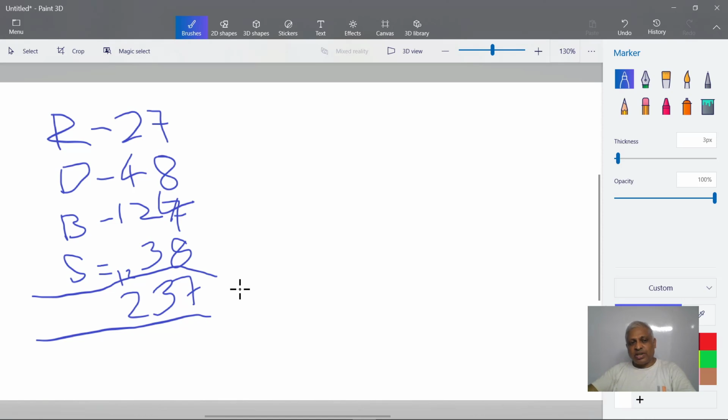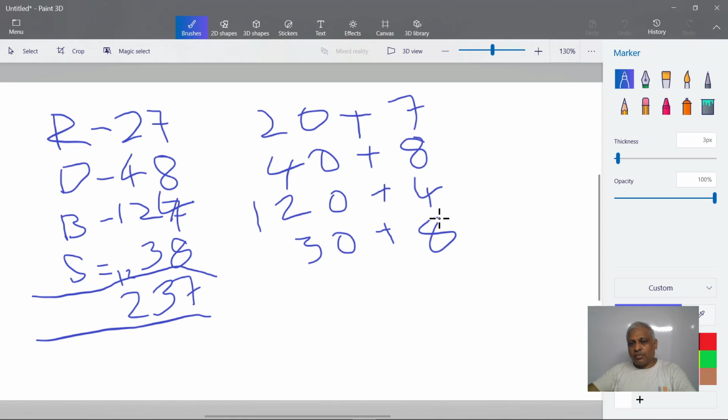237, right? So there is another way. You can make 20 plus, this is another way, by separating tens and ones. 20 plus 7, 40 plus 8, 120 plus 4, 30 plus 8.